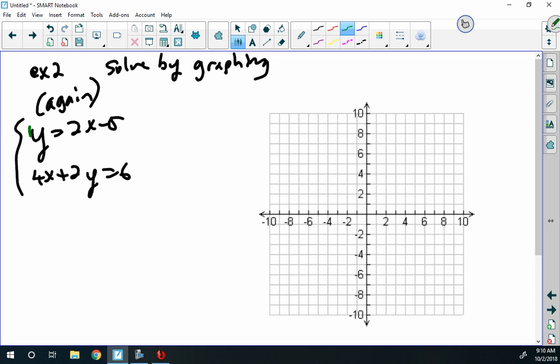The first equation is y equals 2x minus 5. That's easy. Minus 5, up 2 and over 1, up 2 and over 1, and so on, and down 2 and over 1 in the other direction. That's not bad. But it's this other equation, this 4x plus 2y equals 6. I don't know if I could graph that.